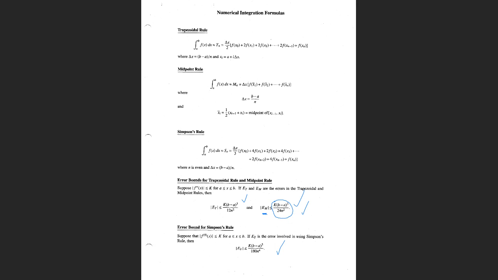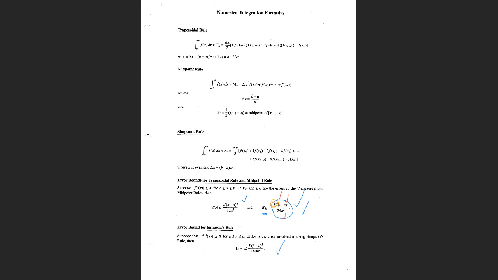So in this formula, the B is known. That's the top limit of the integral. A is the bottom limit of the integral. And n is your number of subintervals. So everything's known except this value of K. This value of K we have to find.